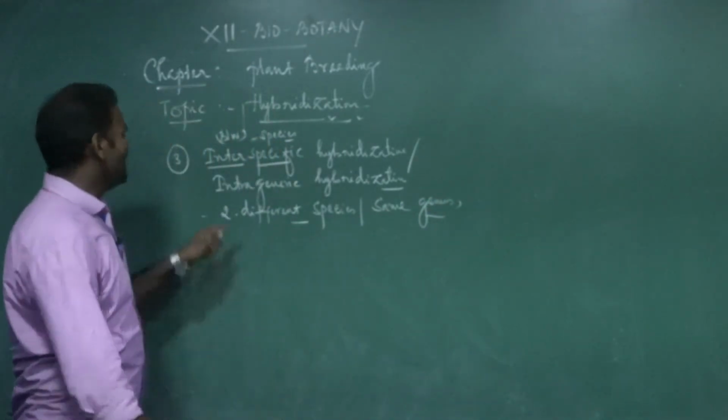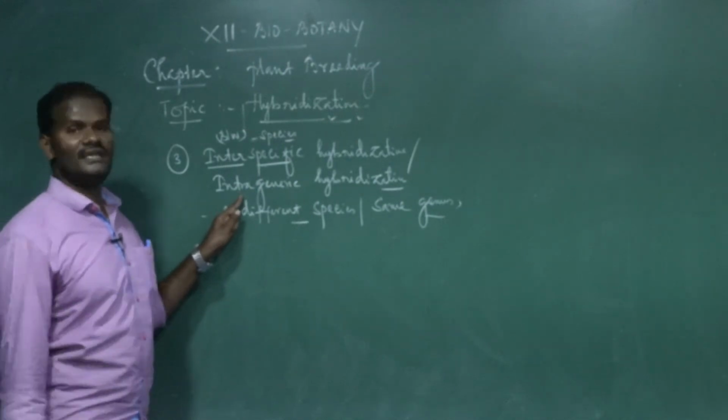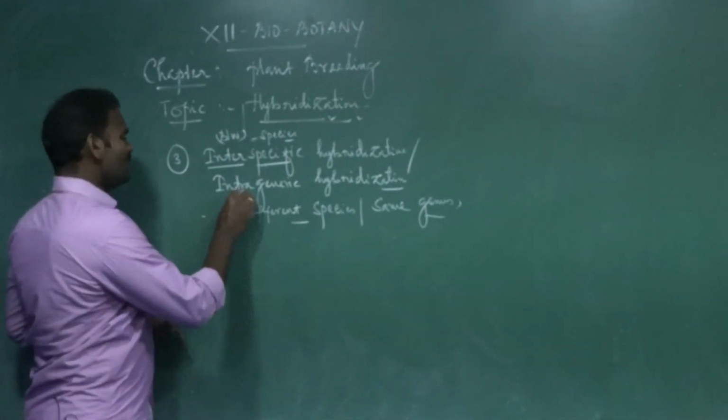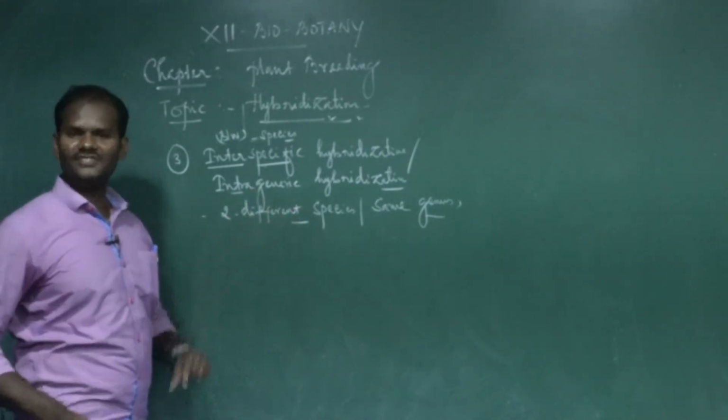These are called interspecific hybridization. It is also called intrageneric hybridization. The word intra means within, the same genus but two different species.